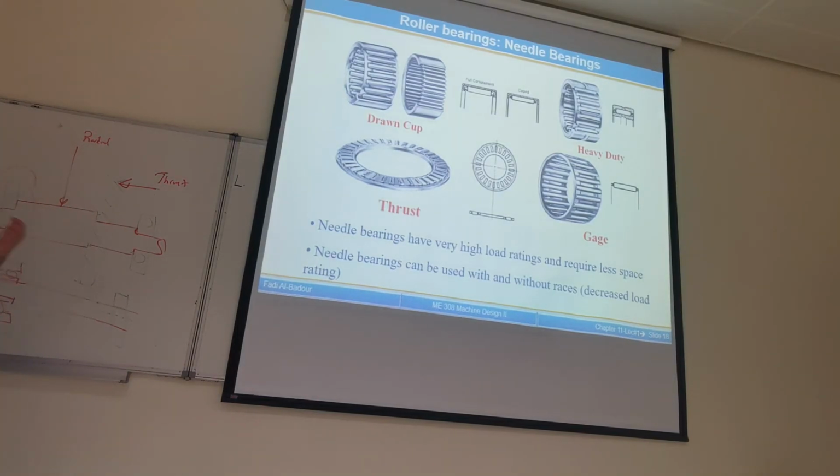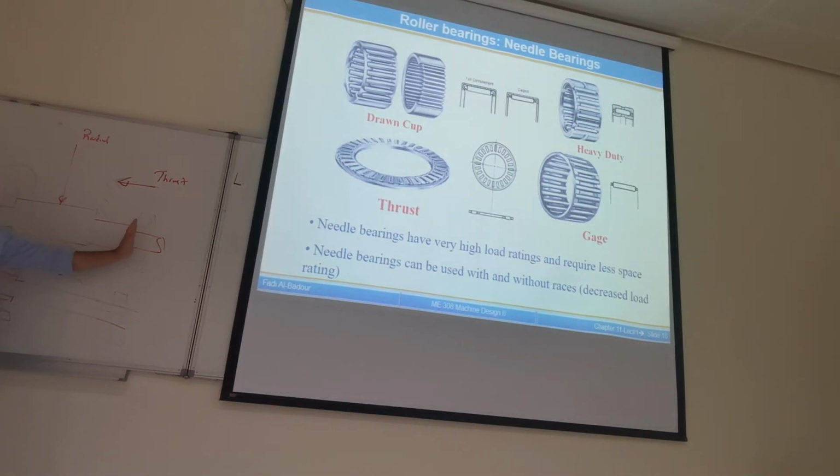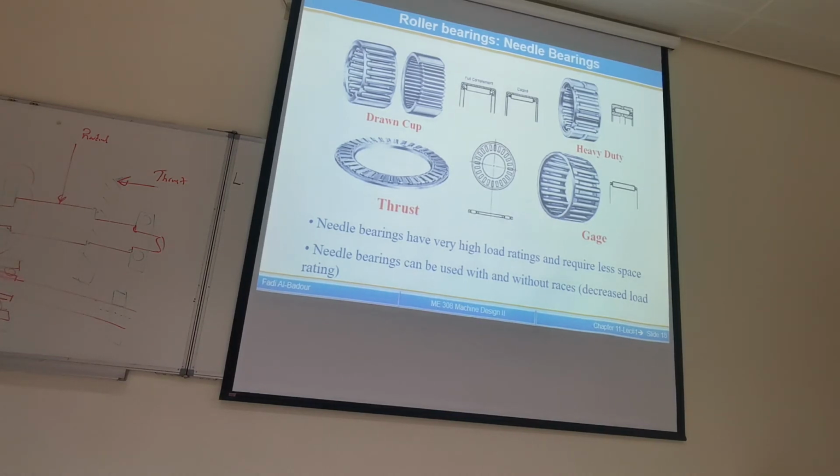So the step is as follows. You need to do surface hardening of this part of the shaft where you're going to mount the bearing, and then you mount it. You need to have a matching hardness between the rolling element and the surface of the shaft in order to minimize the amount of wear.